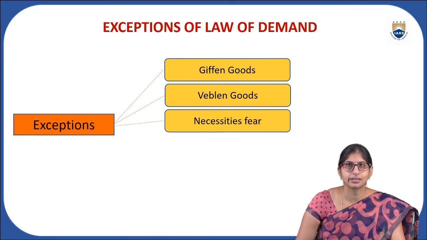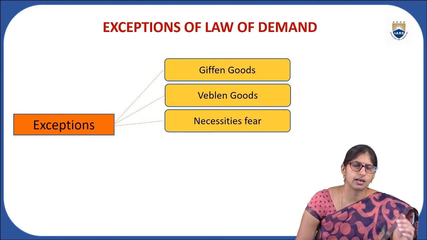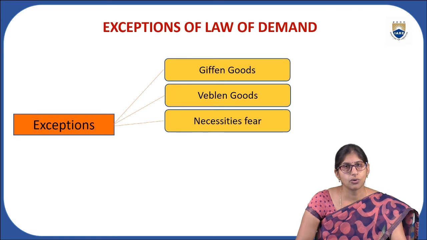And coming to the third one, necessity sphere. Necessity sphere means, for example, suddenly you get a message that there is going to be a lockdown. So we need basic necessities to have our food, right?